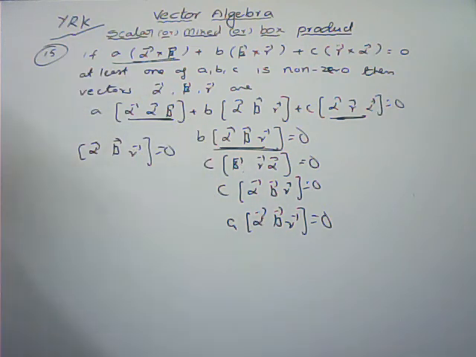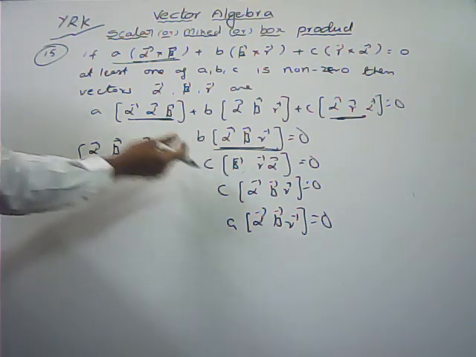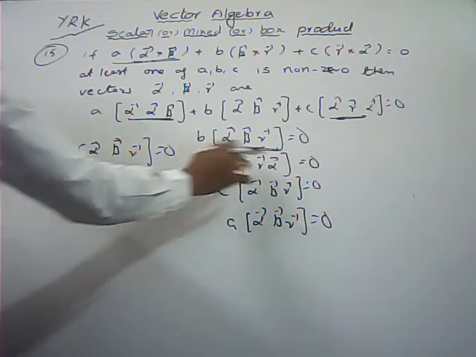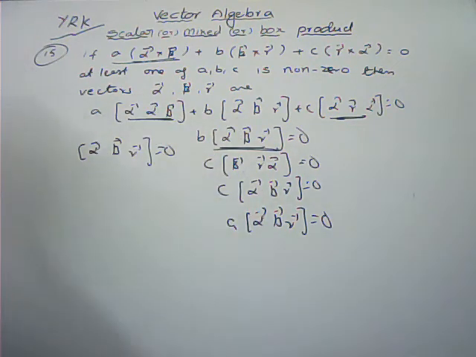Maybe one is non-zero, or two or three are non-zero, but their product is equal to 0, so everywhere the box alpha beta gamma should be equal to 0. Here the box is equal to 0, so alpha, beta, gamma are said to be coplanar.